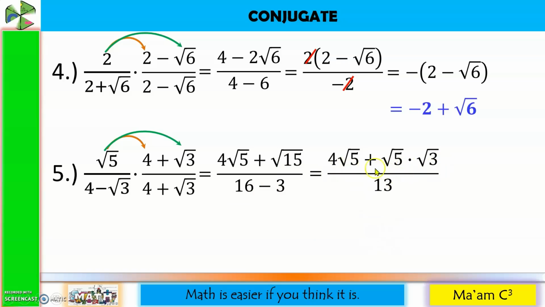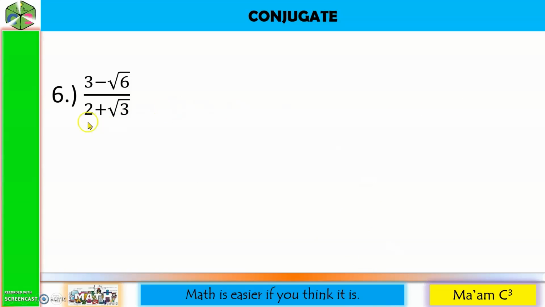Before and after the plus sign have square root of 5, so we can factor out square root of 5. So what is left here is 4, and then copy plus, and then in here square root of 3 over 13.